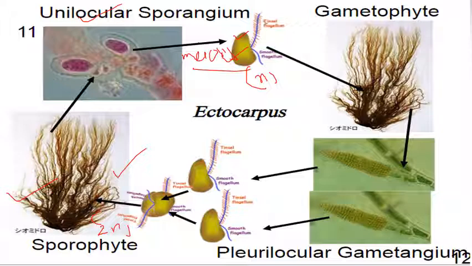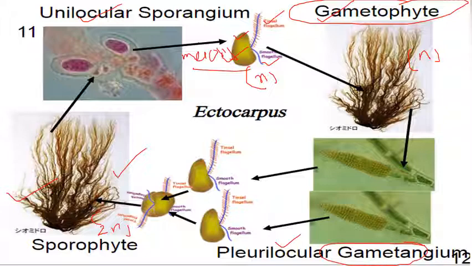It bears one tinsel flagellum, that is pantonematic flagella, and one smooth flagellum. Tinsel flagella means it bears 2 rows of mastigonemes, hair-like structures, and this will germinate to give rise to this haploid plant body, which is known as gametophyte. This haploid plant body bears this plurilocular gametangium.